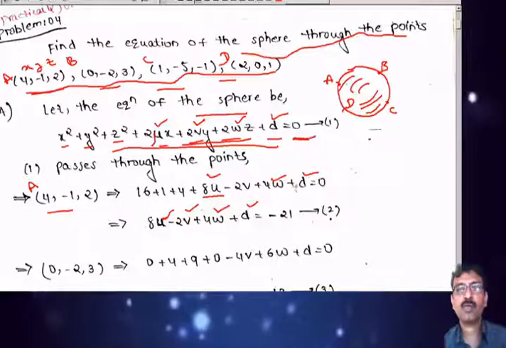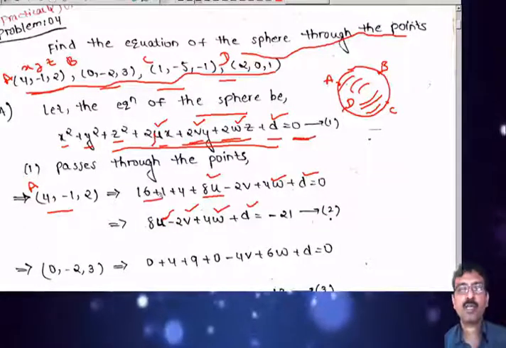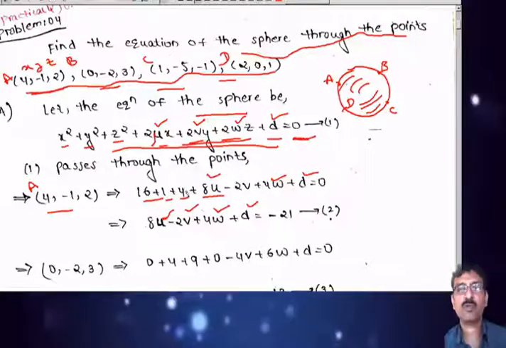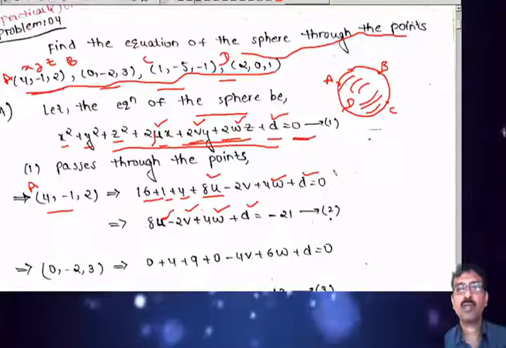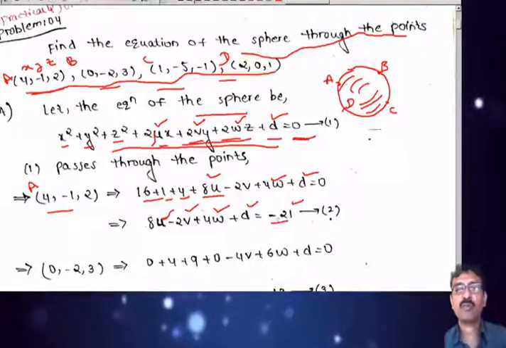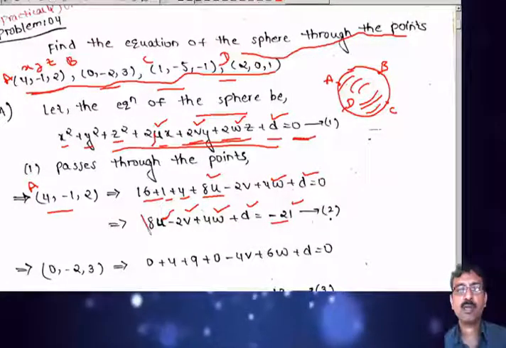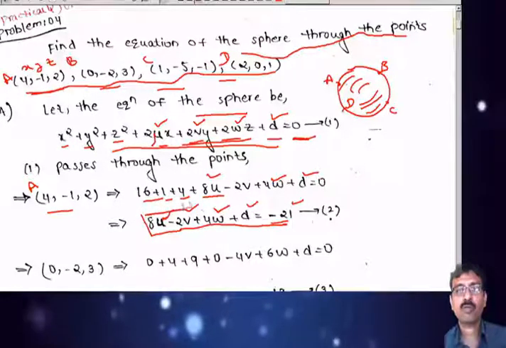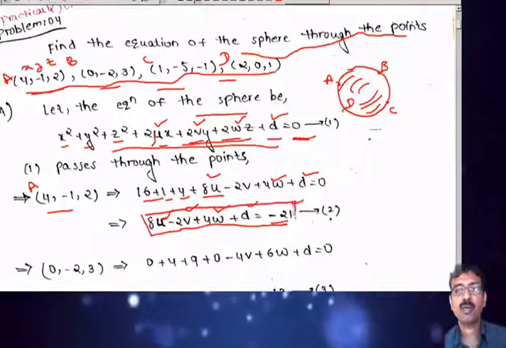These are the unknowns. Then the constants are 19, 17 plus 4, 21. Shifting to the right side, it will become minus 21. So this is the one equation which we got in the first step.